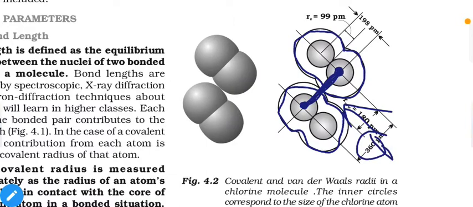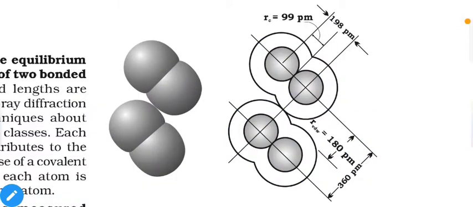Half of it will be called the van der Waals radius, as you can see here, it is 180. The covalent radius will be based on the distance between the atoms of the same molecule. This is the bond length, and half of this bond length is called the covalent radius. So the bond length is 198 and half of 198 is 99.